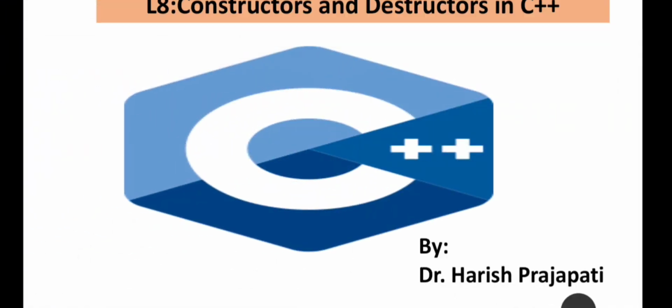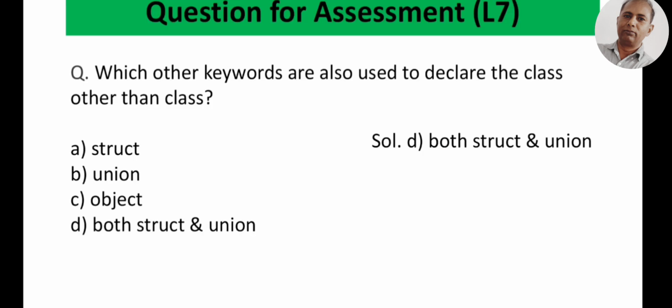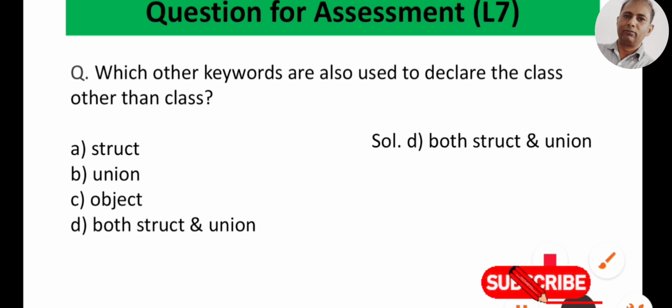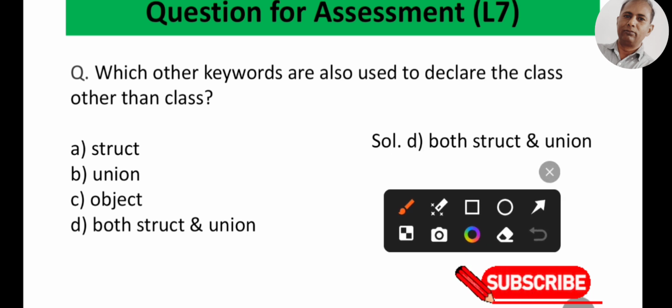Dear all, in this video lecture, we are going to study constructors and destructors in C++. Before going to discuss constructors and destructors, we would like to discuss the question given to you in the previous lecture.